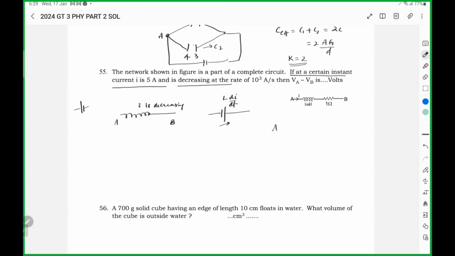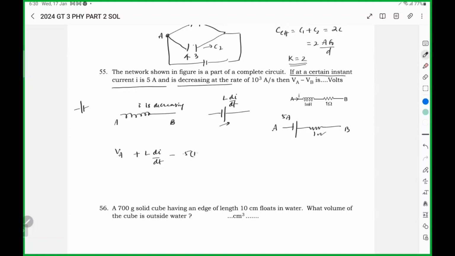Here at A, since I decreases, I will connect the cell like this. Here is a resistance, at a potential. So this is nothing but plus L di by dt. Now minus how much? What is the current which is flowing? 5 amperes.